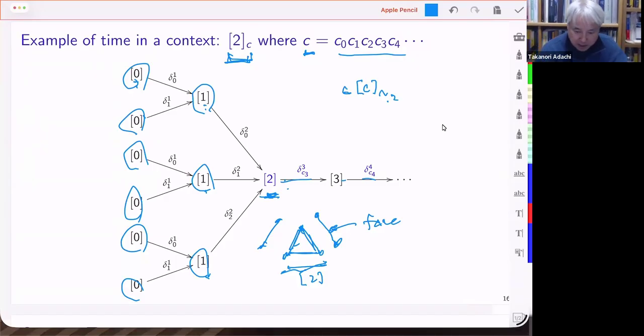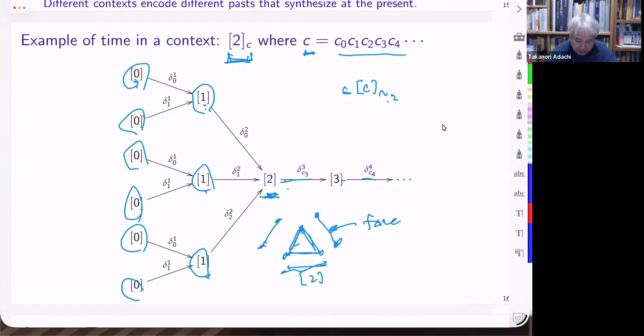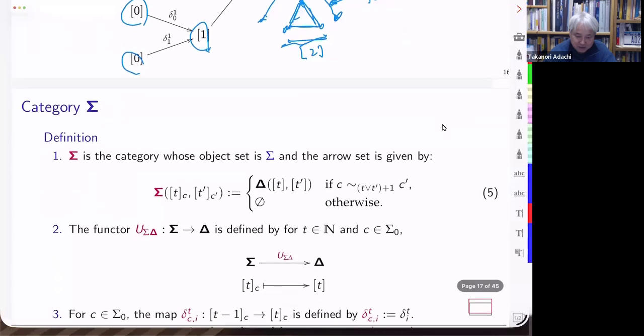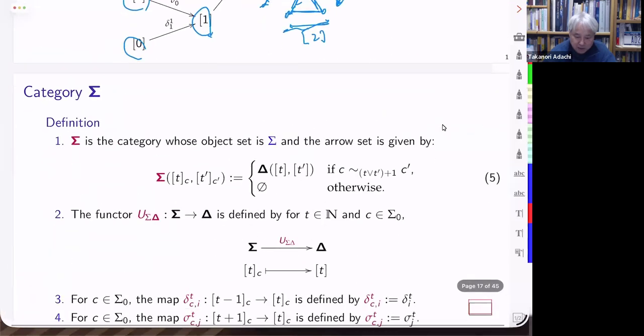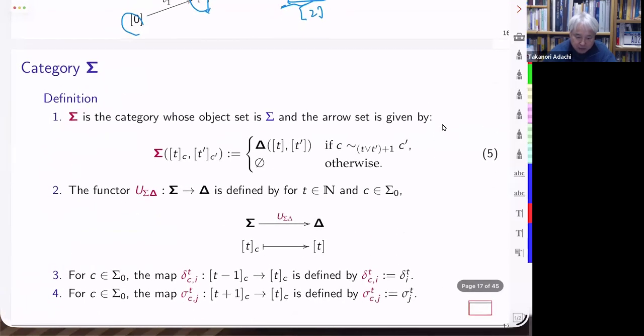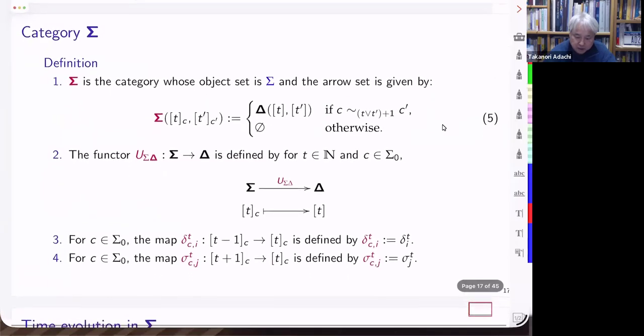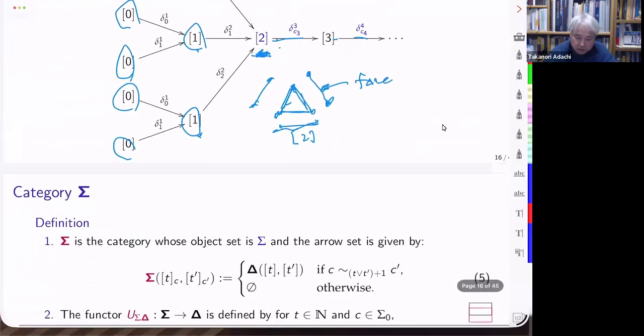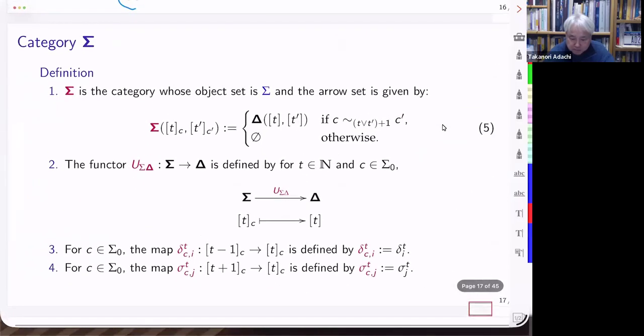So this is an image of 2C. And it's very similar to our original intuition that the current present is the limit of the many possible pasts. All right. So we are making the category sigma, whose objects are this kind of two sub C, or time with context.